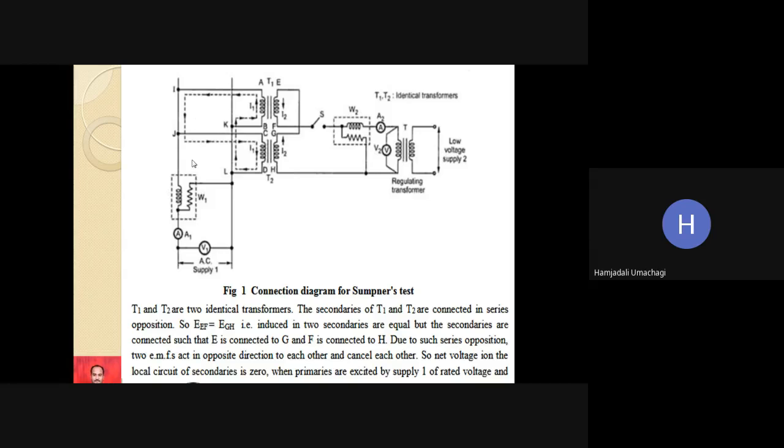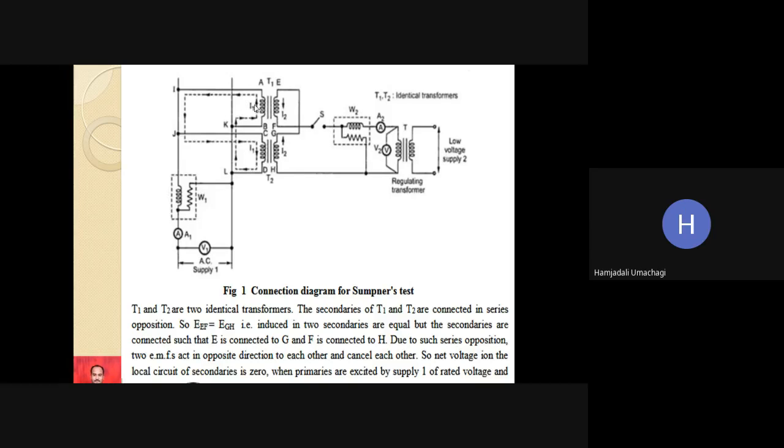No load test means open circuit test on the primary circuit side, because here the switch is open and voltage V2 is assumed to be 0. Since the secondaries are in series opposition, no current will flow through the secondaries and current will flow only through the primary.